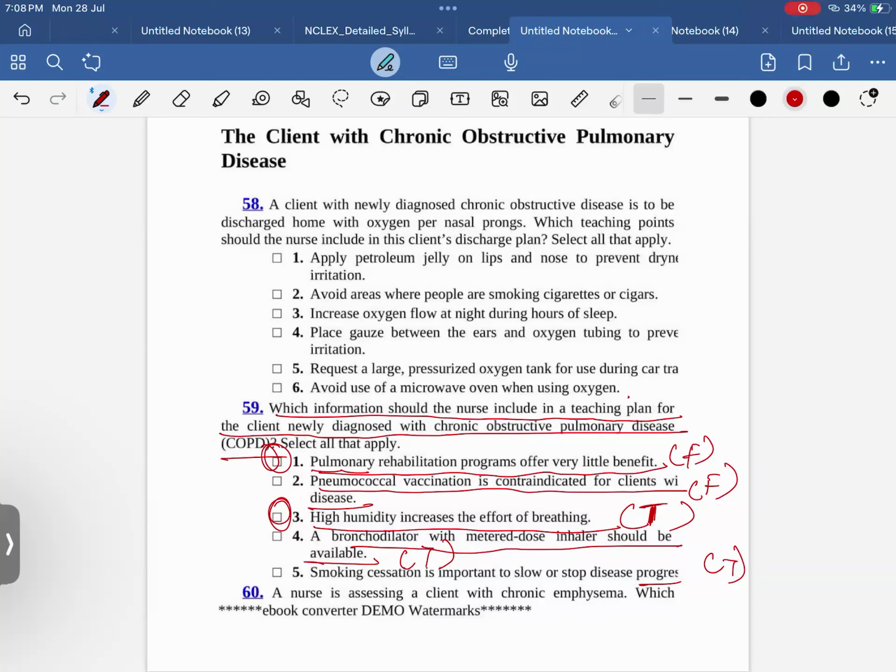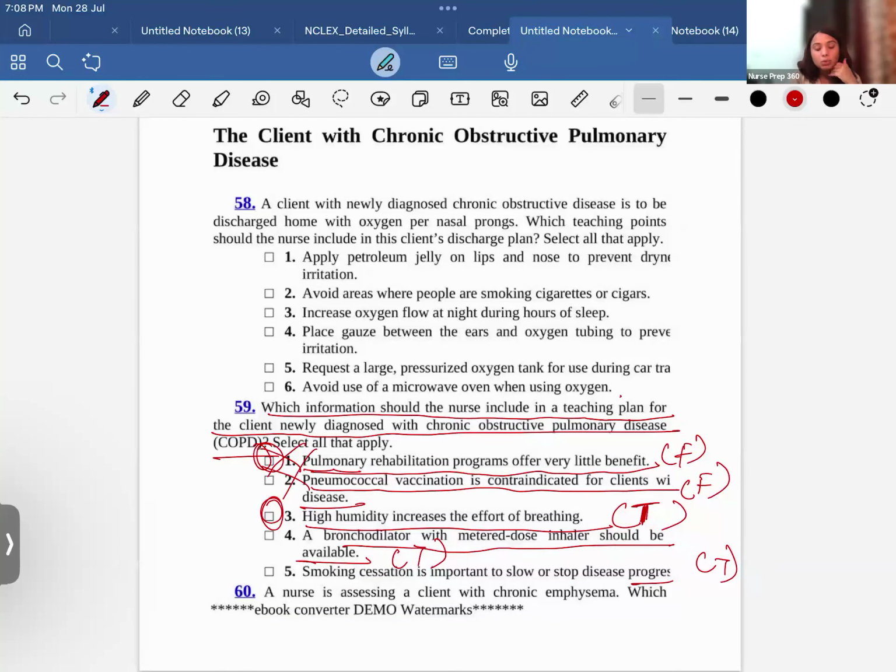Next, pneumococcal vaccine is contraindicated. No, I said we will give it, so this is also wrong. We will give the pneumococcal vaccine. Next, high humidity increases the effort of breathing. Yes. Whenever there is so much humidity, our environment is saturated with water vapors, so it becomes very difficult for us.